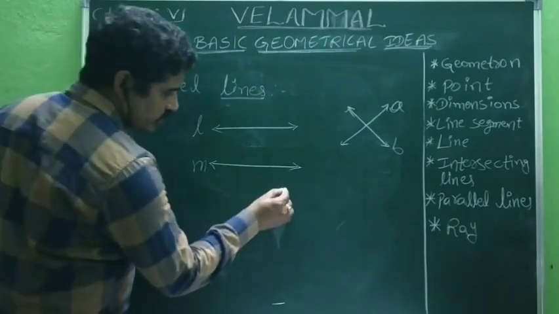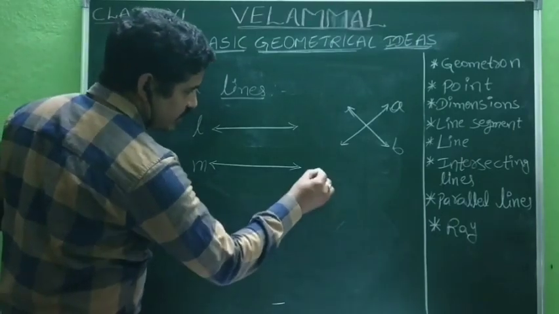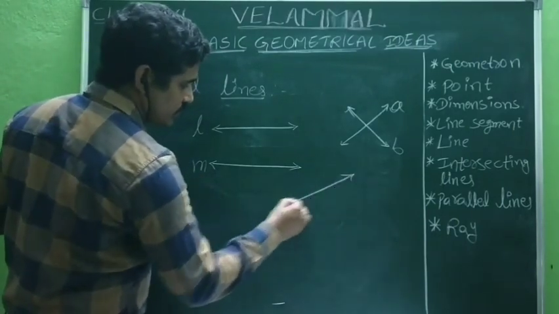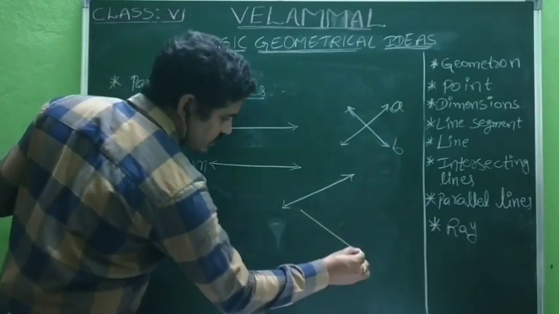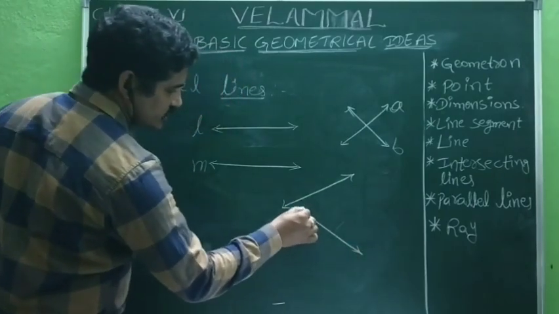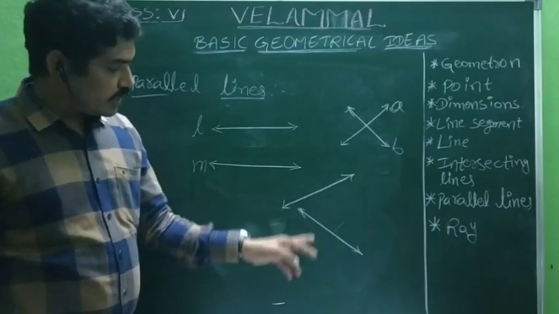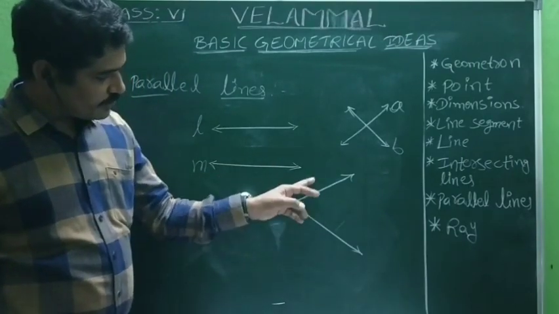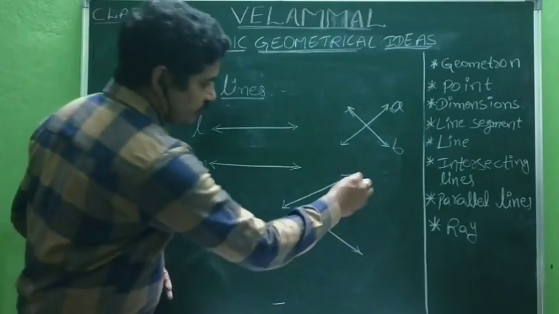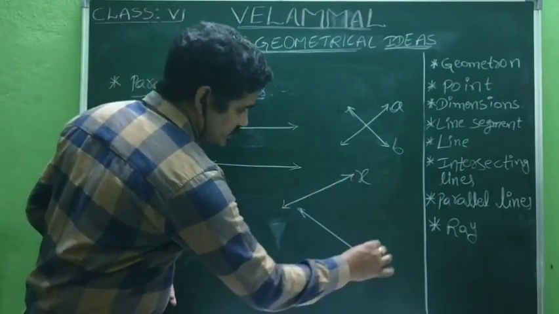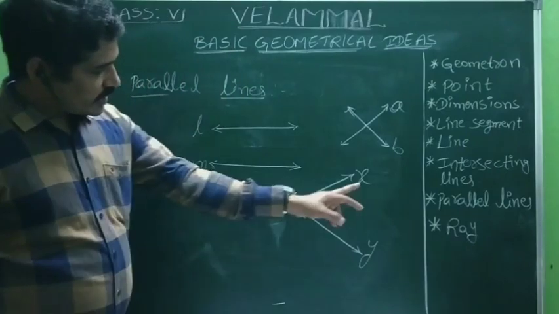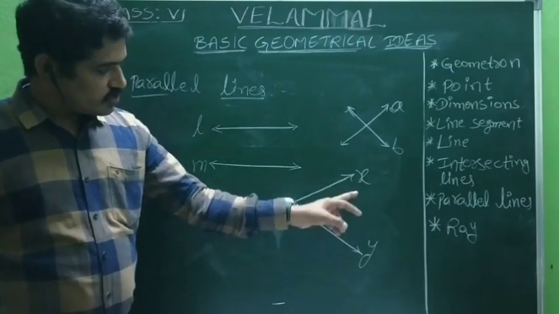For example, one line I am taking in this direction, another line in this direction. For these two lines also there is no common point. For example, this is line X and this is line Y. For X and Y there is also no common point.